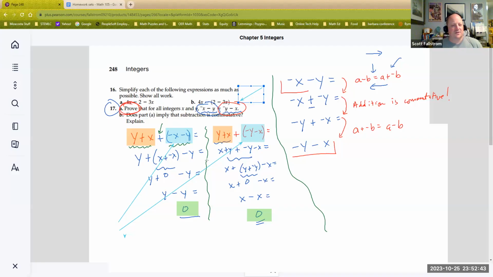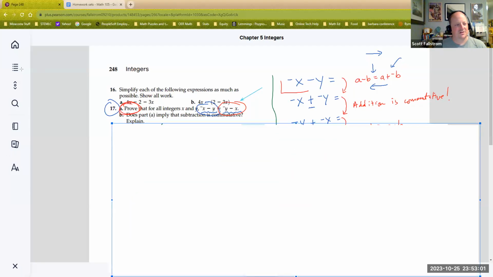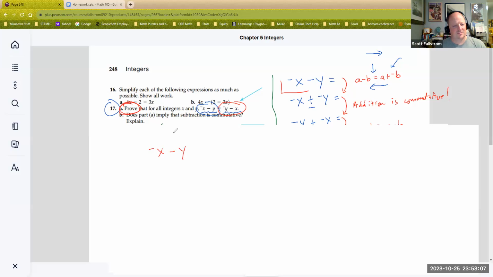So does this prove that subtraction is commutative? No, it's cute, but it doesn't prove subtraction is commutative because subtraction being commutative would look very different. What do I mean? If subtraction was commutative, then if I had this, here's my subtraction right there, this should be equal to y minus the opposite of x.